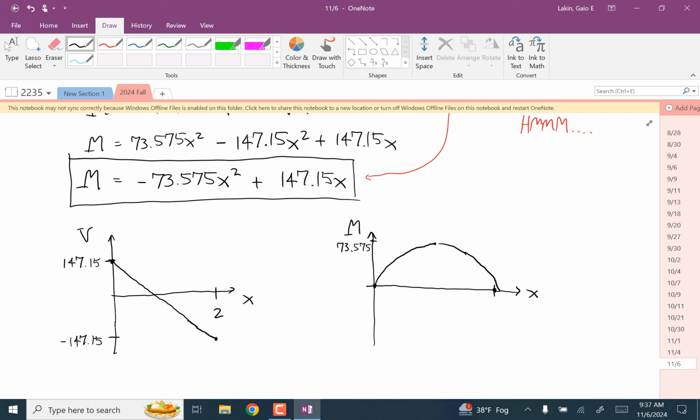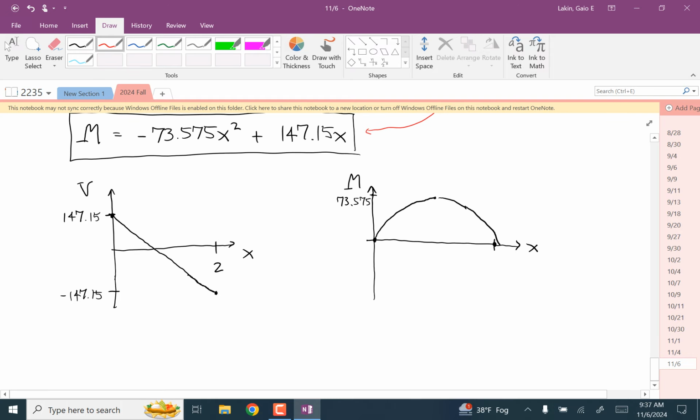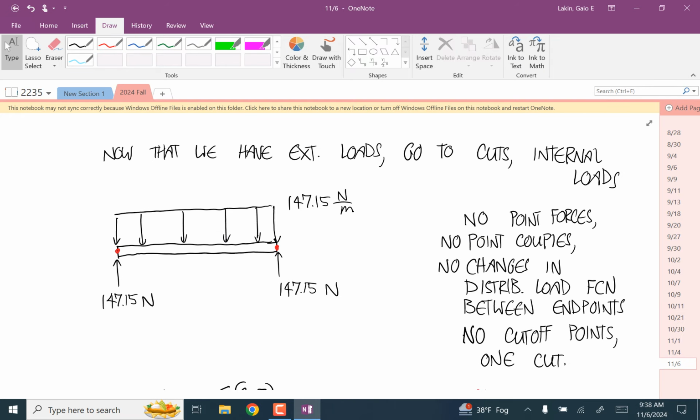One other crazy coincidence. Notice that this is a constant function, right?